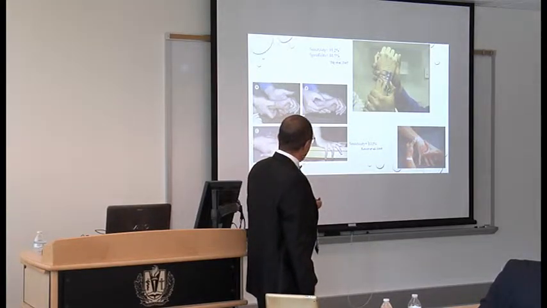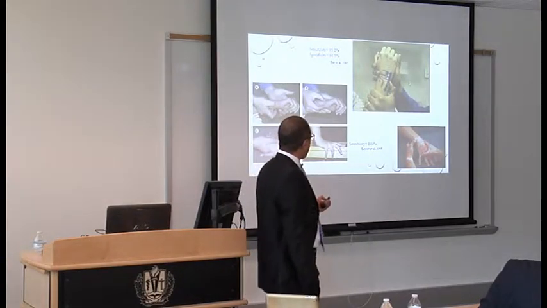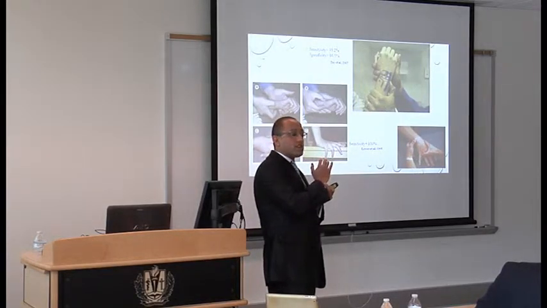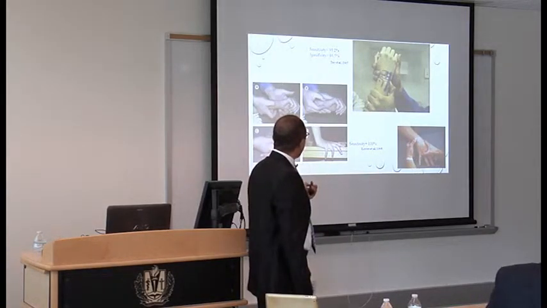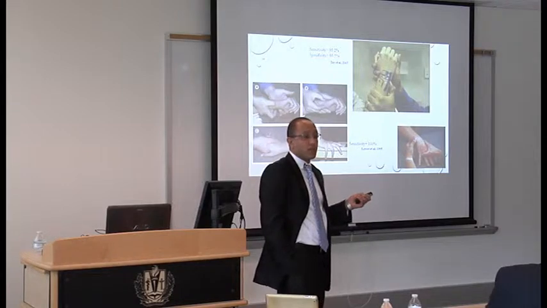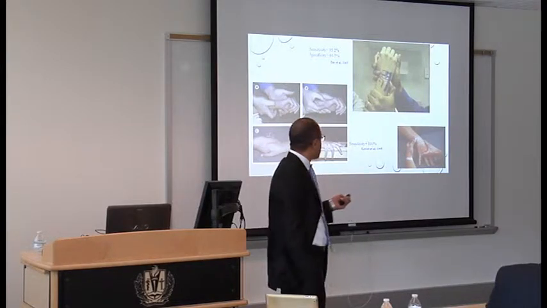This test is called the ulnar fovea sign, where we palpate the ulnar fovea for tenderness and pain, and it has a sensitivity of 95% and specificity of 86% in detecting foveal pain and disruptions of the ligament at the ulnar side of the wrist.